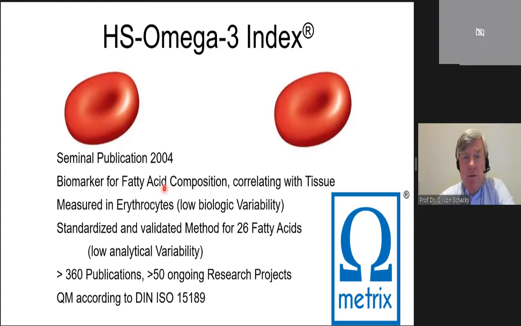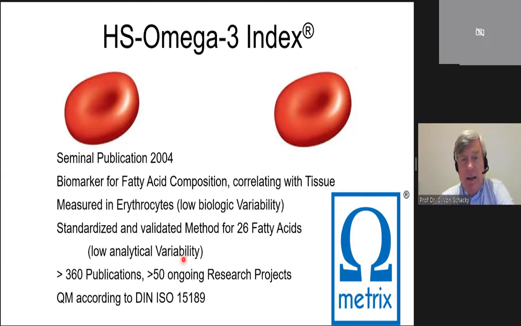It's a biomarker for fatty acid composition, and the red cell correlates with each and every other tissue that we looked at in terms of fatty acid composition. The omega-3 index is measured in red cells, and they have a low biologic variability in terms of fatty acids, meaning we are basically looking at something equivalent to a hemoglobin A1C and not at blood sugar.